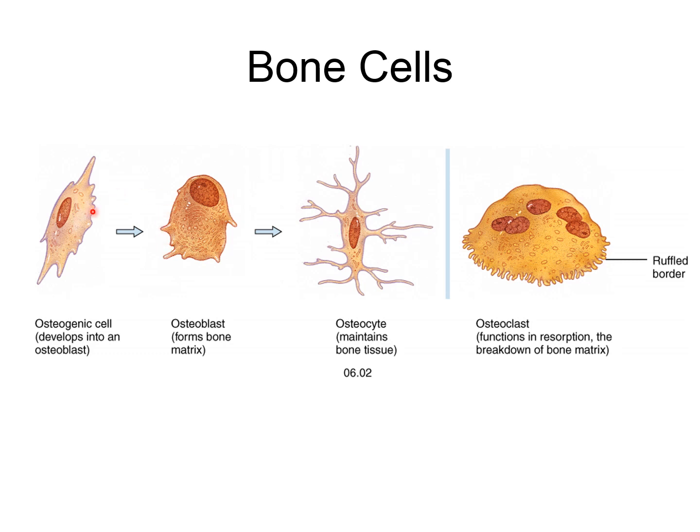So the osteogenic cells give rise to new osteoblasts, and these populations of osteoblasts are necessary for repairing fractures in bone and for bone growth. And the osteoblasts are the cells that make the bone anew. They are immature bone cells.